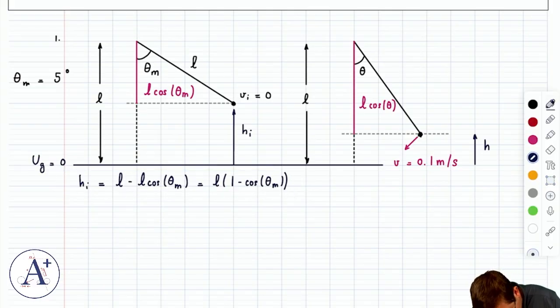And with the same logic, h here is simply going to be L(1 minus cosine theta).